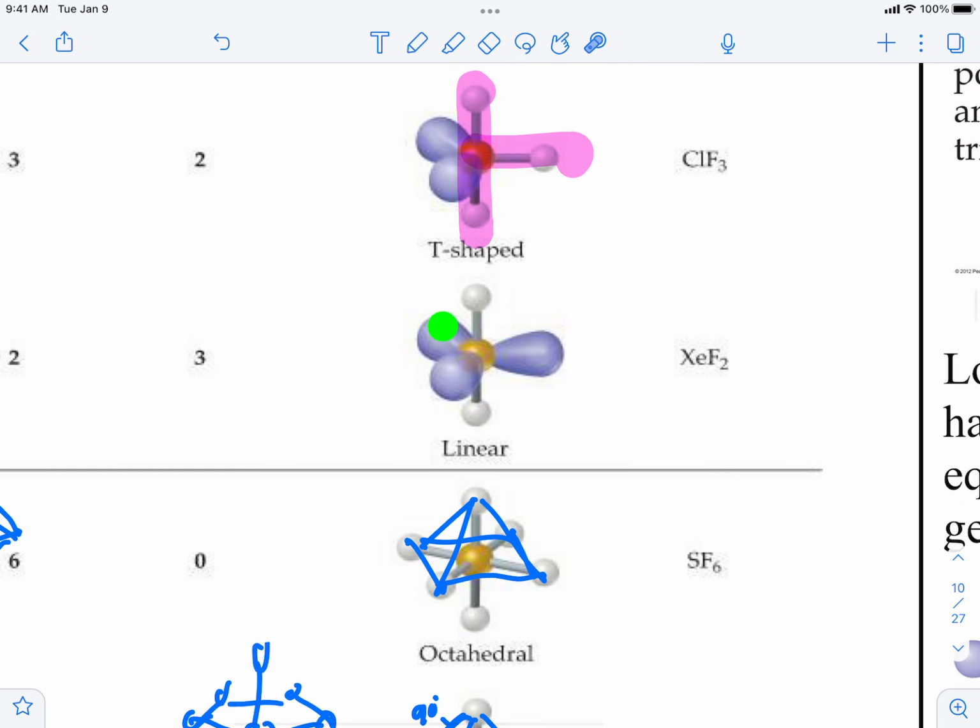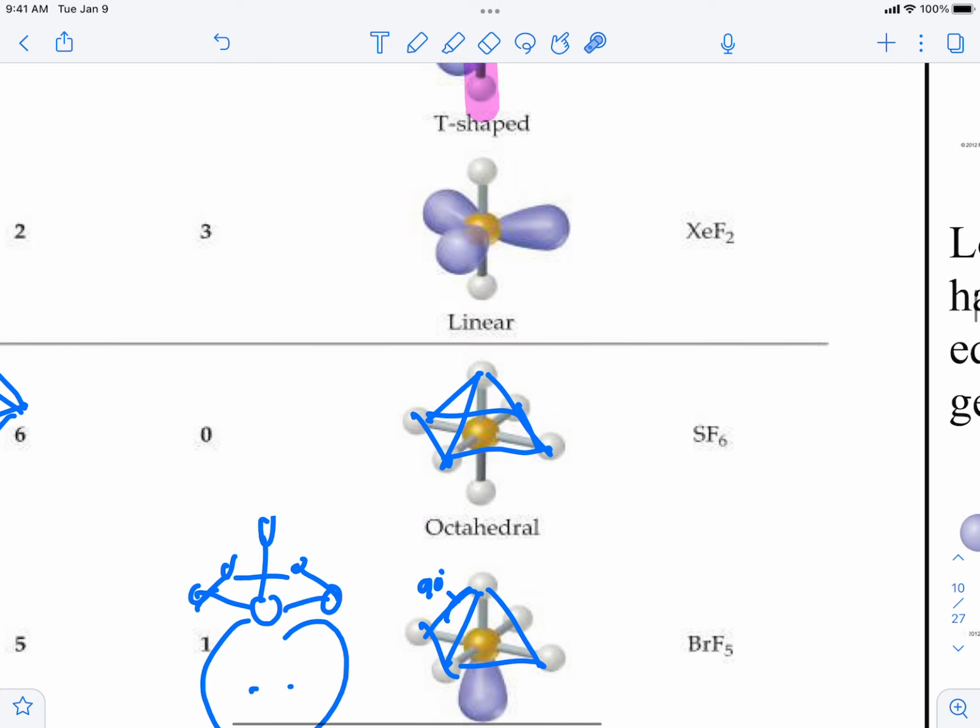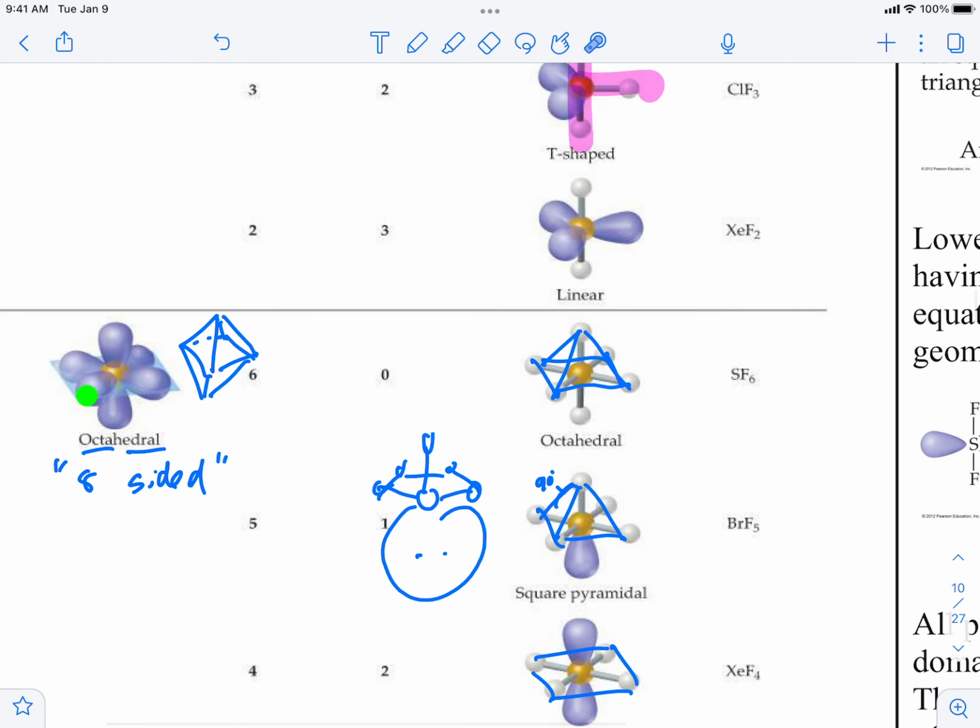If you have 3 lone pairs, do those lone pairs act equally and in opposite directions? Yes, they do. So the effect of the lone pairs cancels itself out. So this one would be nonpolar, right? Nonpolar, assuming the top and bottom atom are the same. Octahedral. Same atoms in all 6 positions, nonpolar.